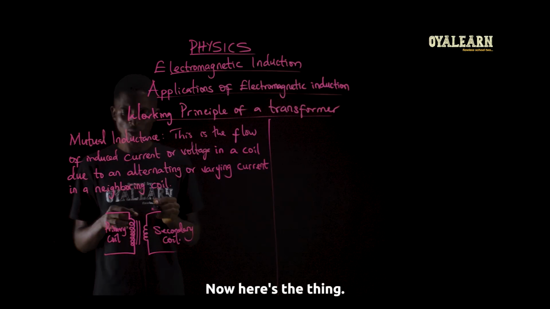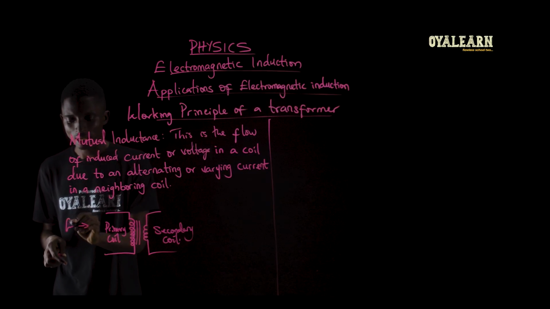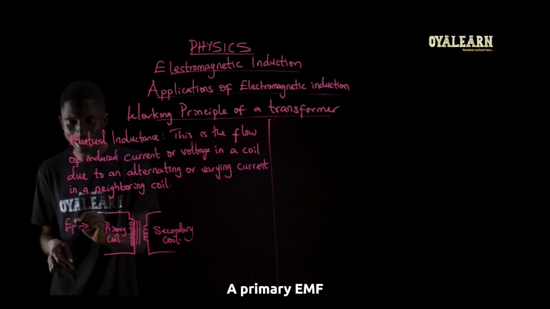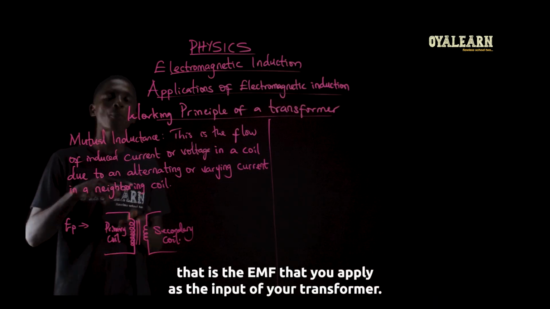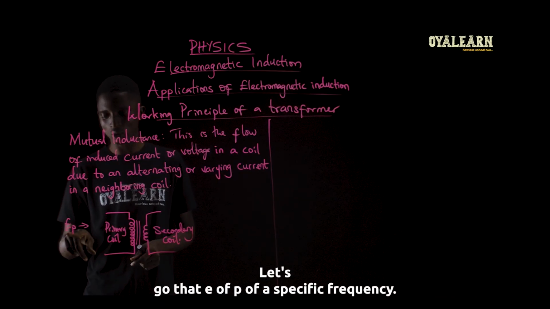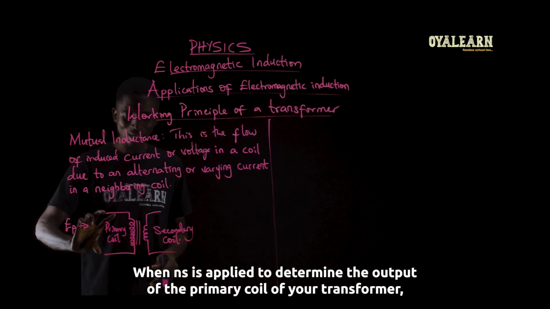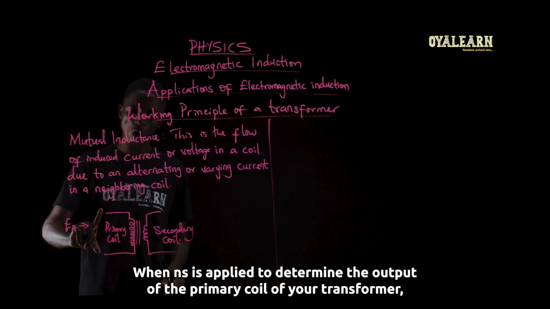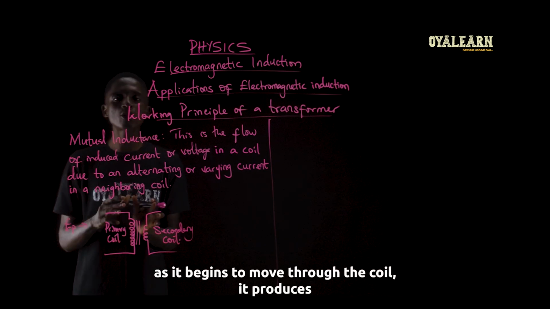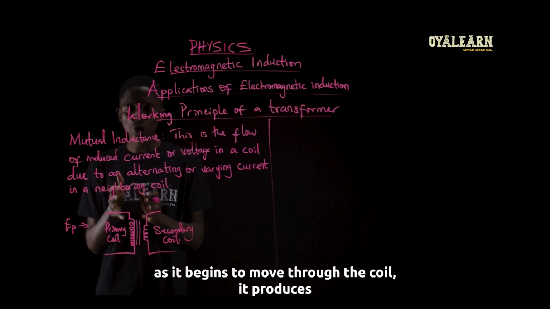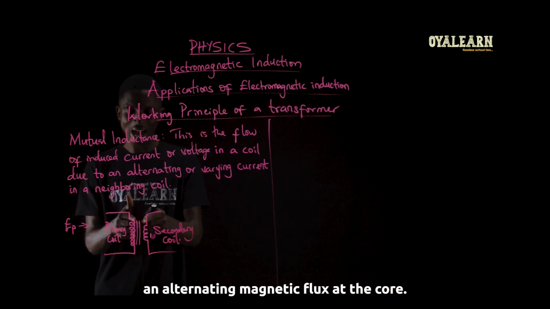Now here's the thing. When you apply a primary EMF, that is the EMF that you apply at the input of your transformer, let's call that E_P, of a specific frequency, when it is applied to the terminals of the primary coil of a transformer, as it begins to move through the coil, it produces an alternating magnetic flux at the core.